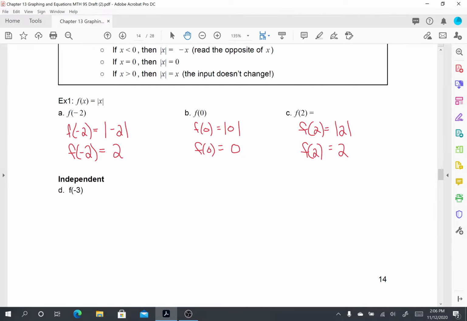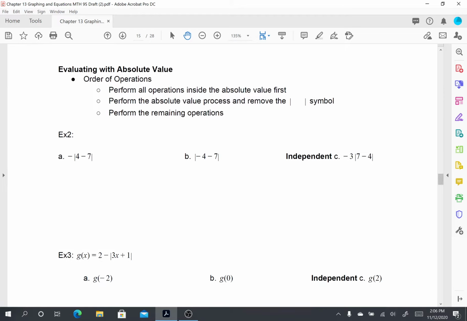Practice your notation. When you're evaluating an expression with an absolute value symbol, you'll be performing the order of operations, and you more or less treat the absolute value symbol like a parenthesis. So for instance, A, I'll write the question down, and then, see, I'm already treating it like a parenthesis by making it look like one.